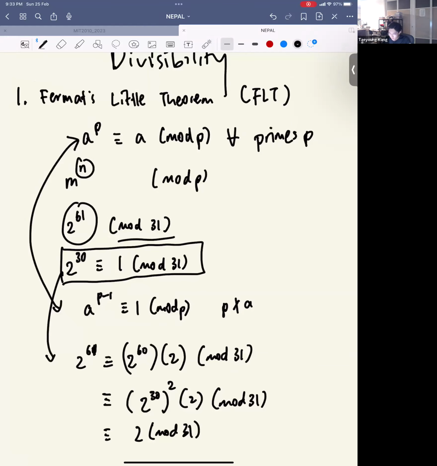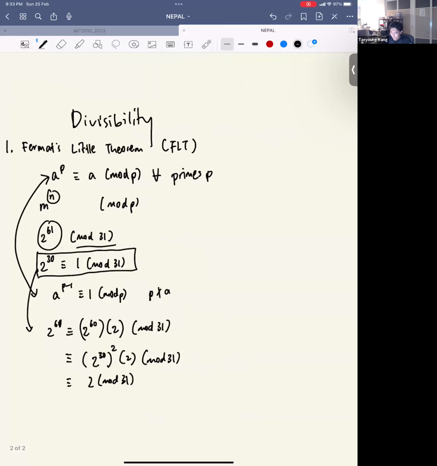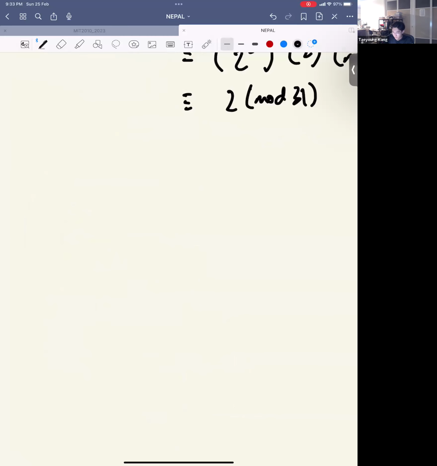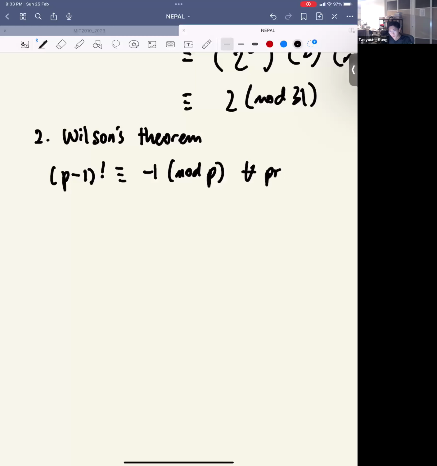The second one I brought up is Wilson's theorem, which states that (p minus 1) factorial is congruent to minus 1 mod p for all primes p.